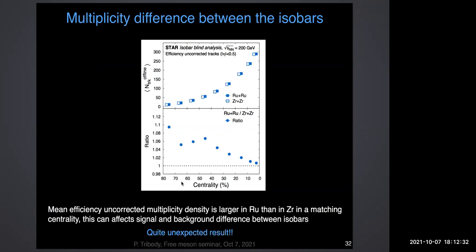It depends on how you define the centrality, how you treat integers and floats, and how wide the centrality bin is. So this 1 or 2% difference could have several sources, including the physics that you also mentioned. So we have to understand it.